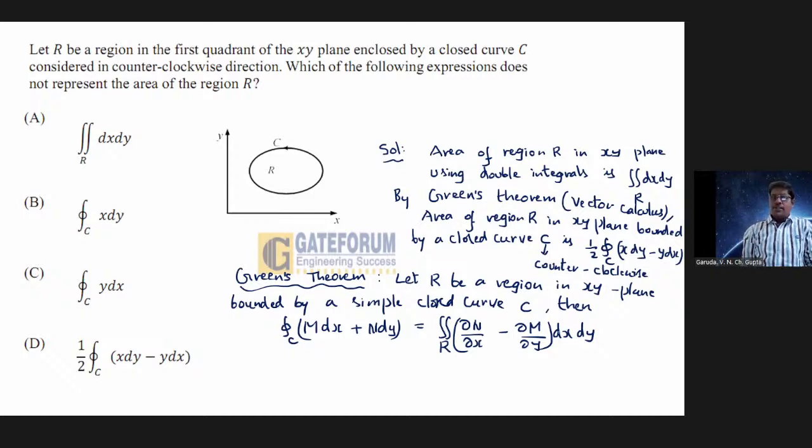half integral over C of x dy minus y dx. Okay. Consider integral over C of x dy minus y dx. Just I am checking. This can be written as integral over C of minus y into dx plus x into dy.